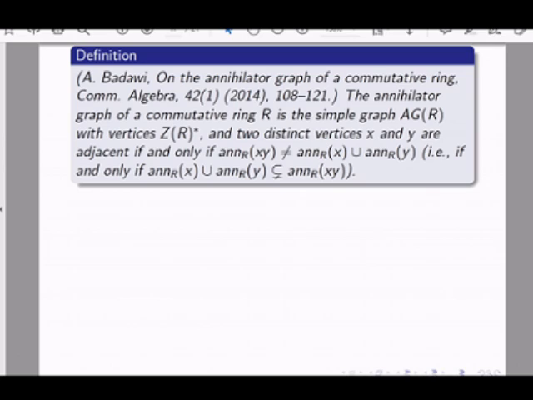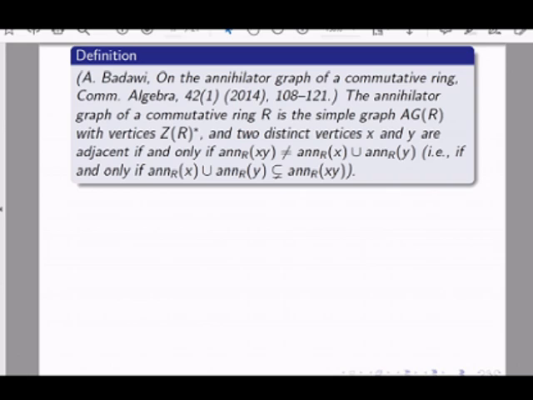The annihilator of the product of two vertices is not equal to the union of the annihilators of each. The zero divisor graph will be a subgraph of this.